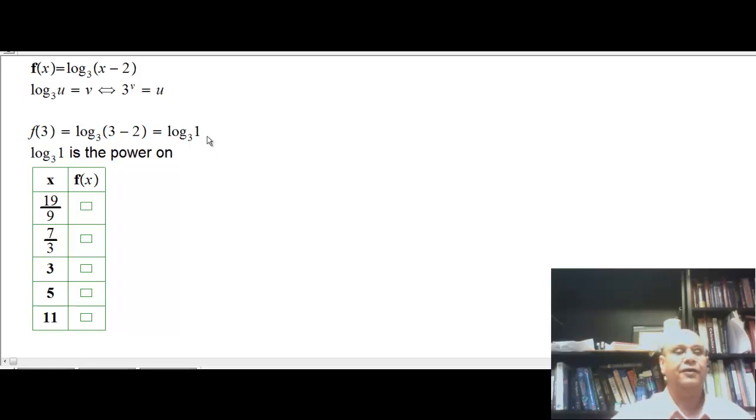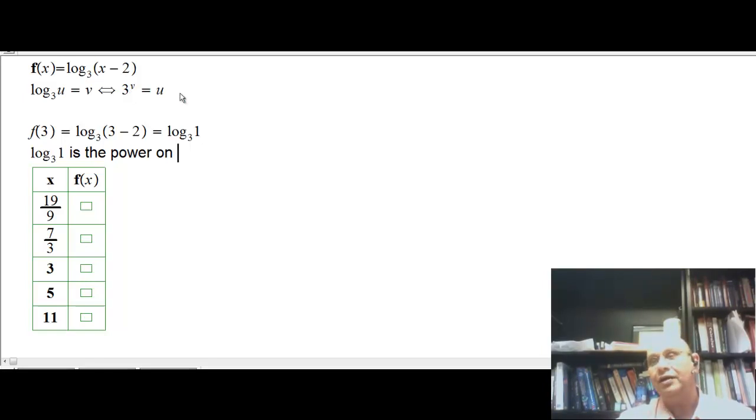Let's erase it here. 1 to the 0 is 1, and 3 to the 0 is also 1, but here I'm looking at the power on 3 that gives me a 1.